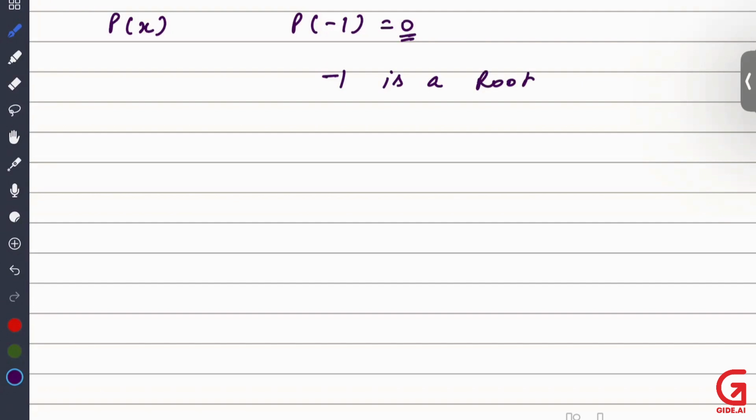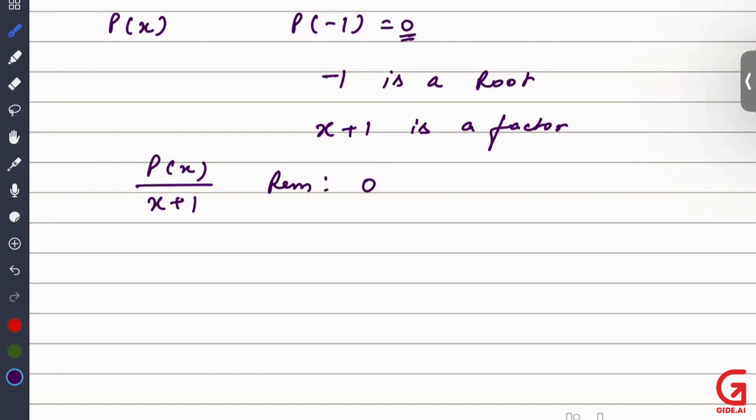Because at what x is the y value 0? That is a root. That means minus 1 is a root, which means x plus 1 is a factor, which means if I divide p(x) by x plus 1, the remainder would be 0.